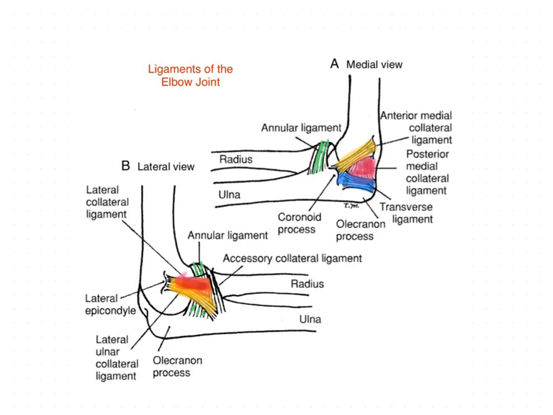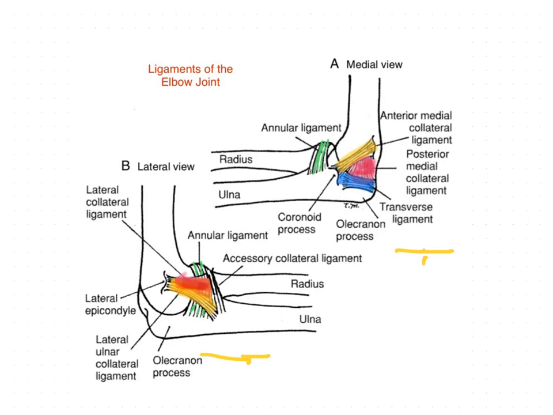In the same way, this elbow joint also has collateral ligaments, located on the medial aspect and the lateral aspect of the elbow joint. These collateral ligaments provide medial and lateral stability and keep the joint surfaces in contact. That is the main function of the collateral ligaments.